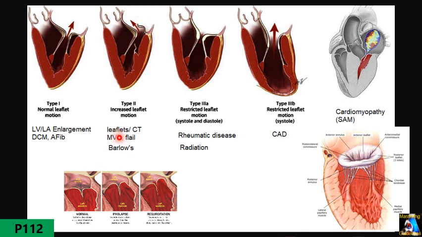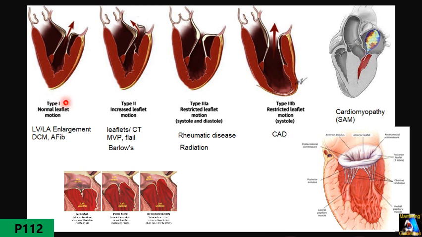In type 1, we have some problem with the LA or LV size. In other words, the mitral valve leaflet doesn't have any abnormality, but the ring has been expanded and dilated. Imagine when we have enlargement of the left ventricle, a very typical cause of that can be dilated cardiomyopathy.